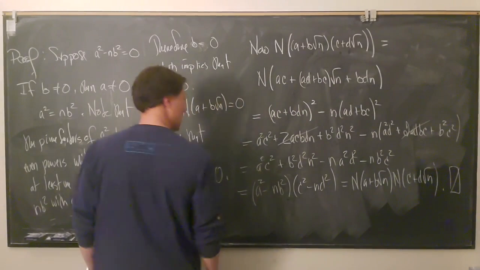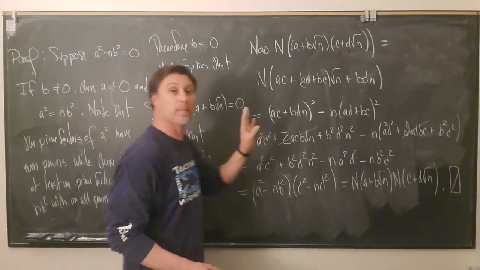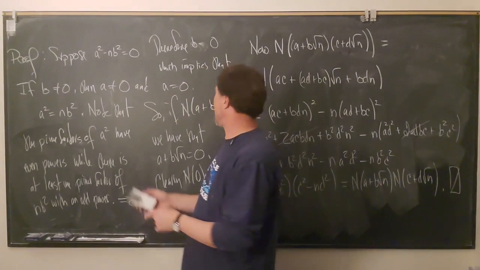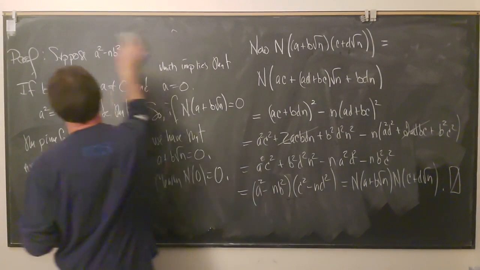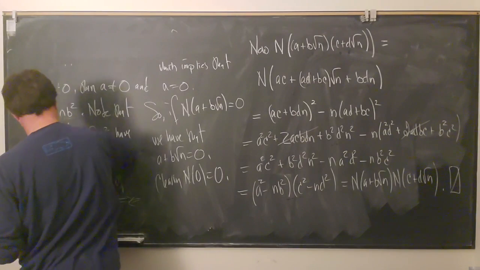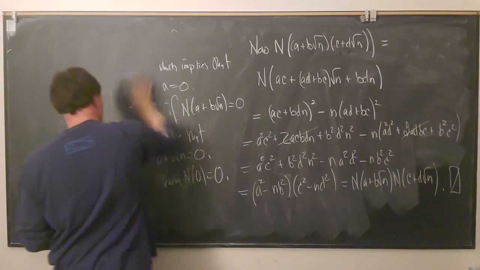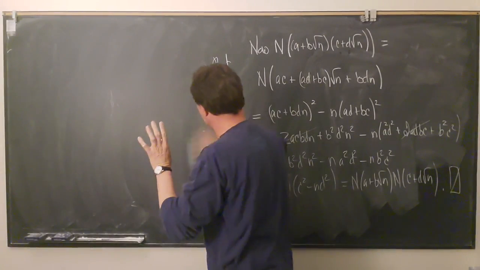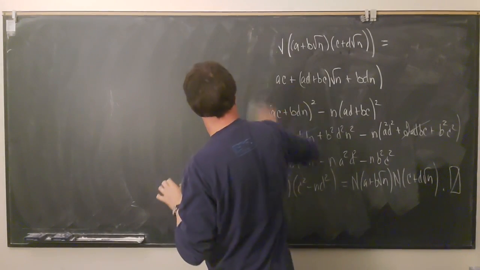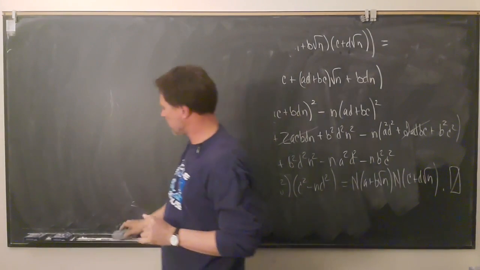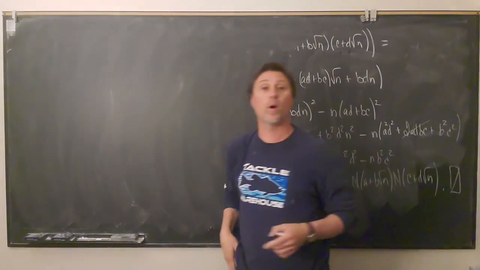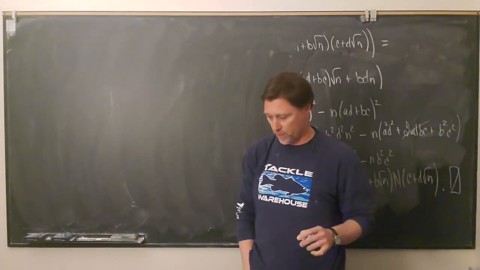All right, so that's the end of the proof. So we know we've got a multiplicative norm defined as given in the statement, A squared minus NB squared. And the key to this proof, or at least one of the important parts, is that to get property one, we absolutely had to have square free.